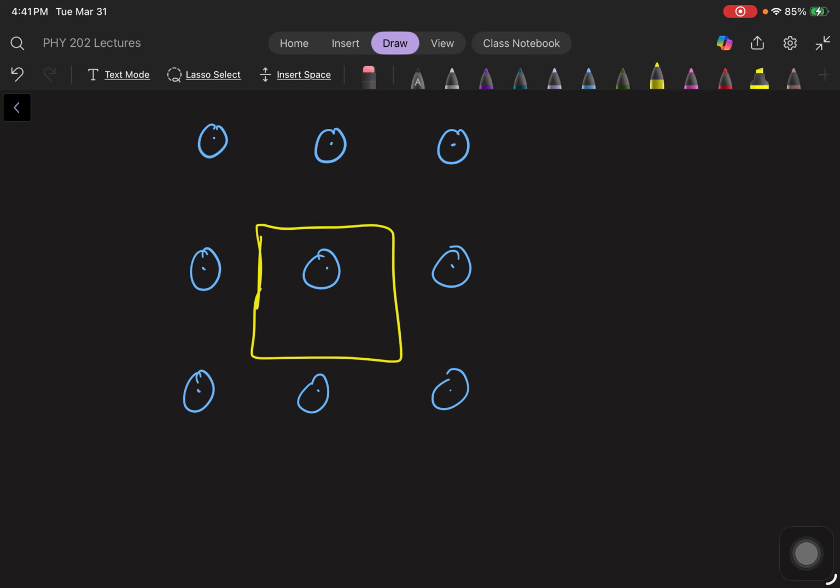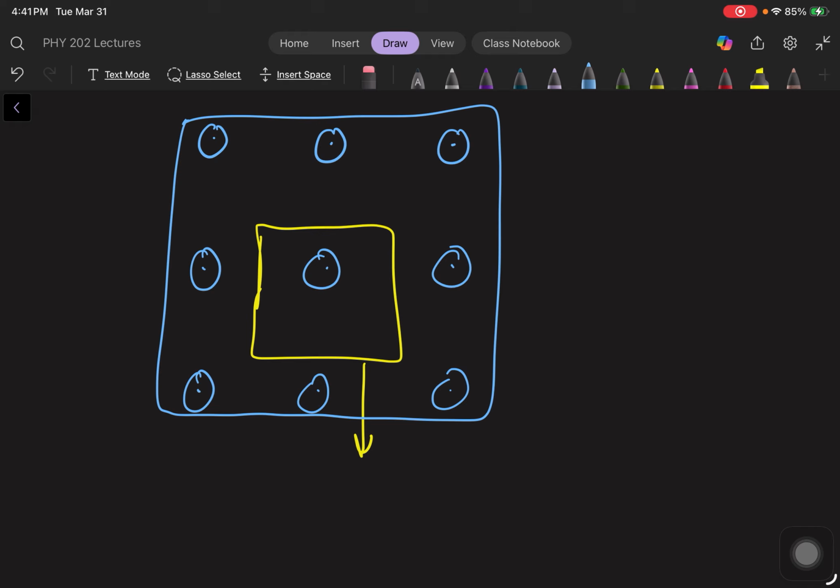And let's say we're going to drop this loop of wire, so it's going to fall and start to leave this uniform magnetic field. Say the magnetic field's confined to this space. And so are we going to make a clockwise or counterclockwise current?